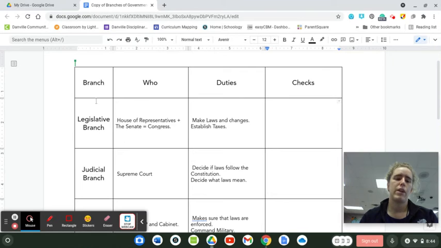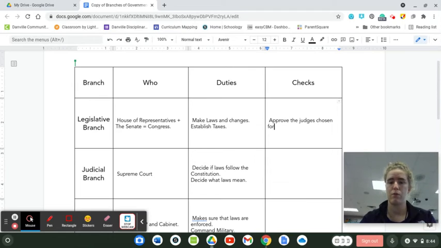So the legislative branch, they have two jobs that they can do. Okay. I've got to find them on my chart. They can approve the judges chosen for the Supreme Court.